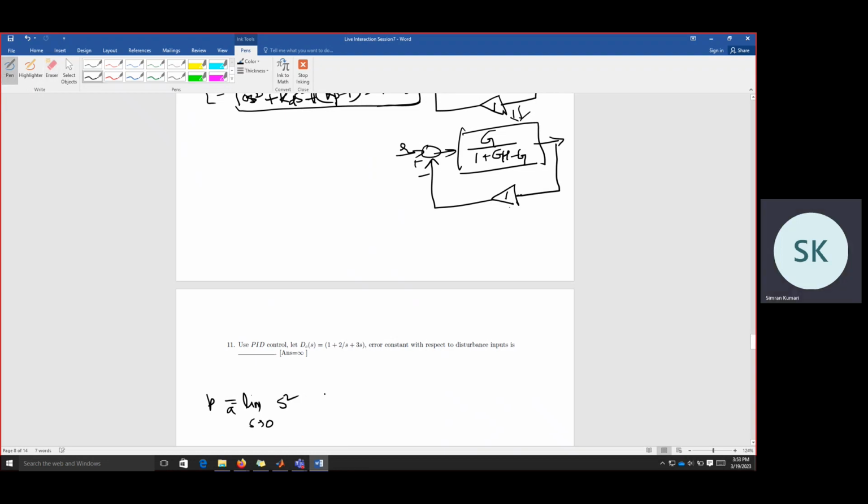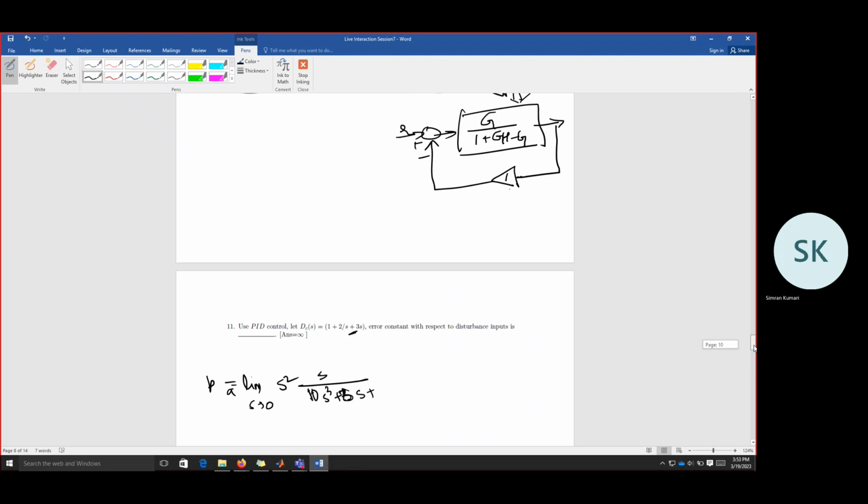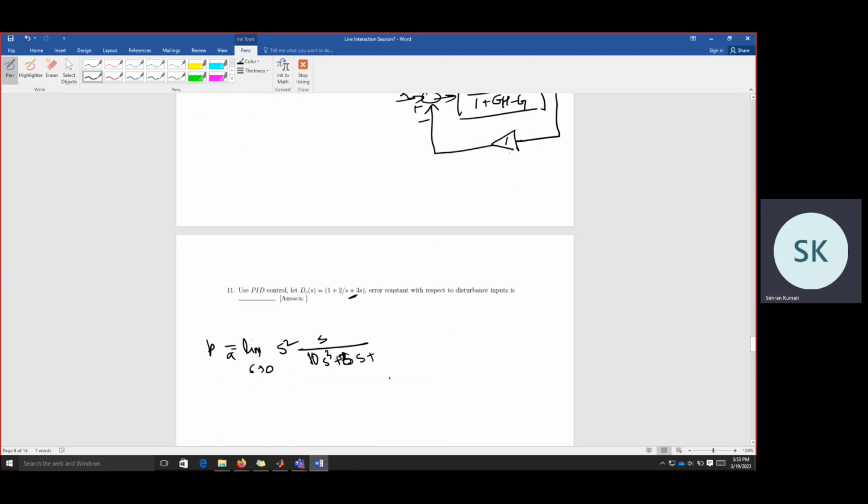S square and G dash S, that is KD is 3 and KP is 2. KP is 1 and KI is 2. So this will be 0.